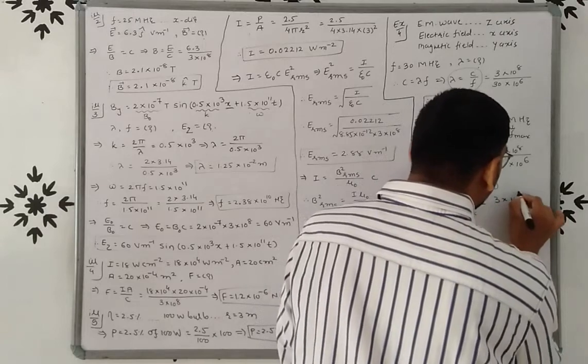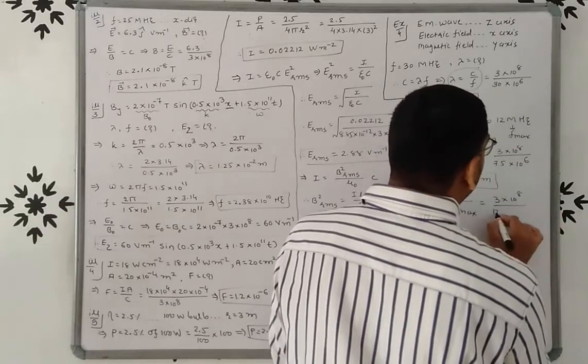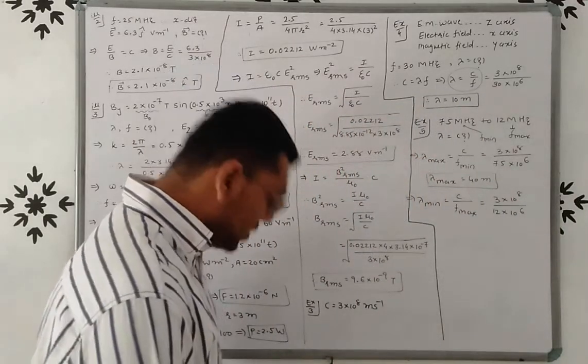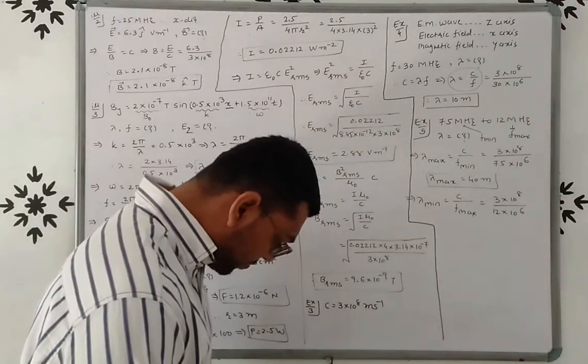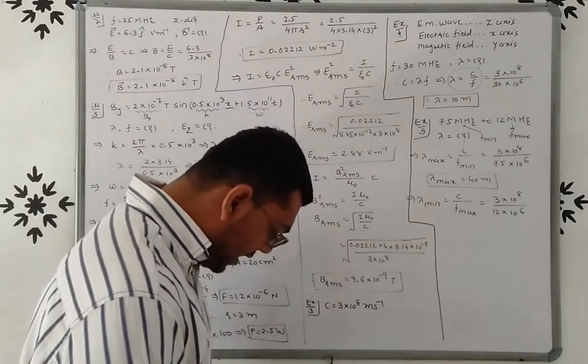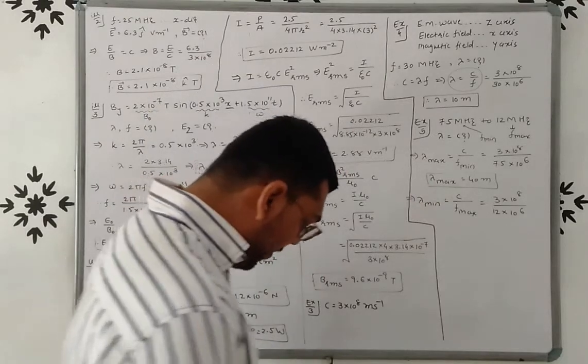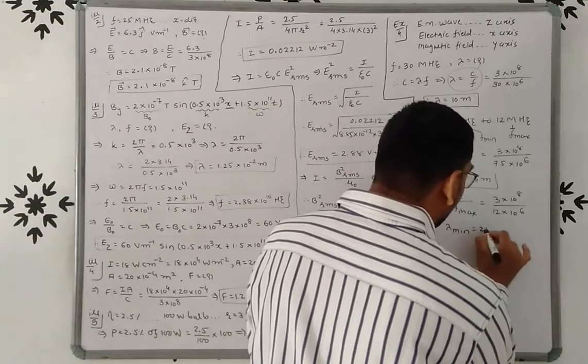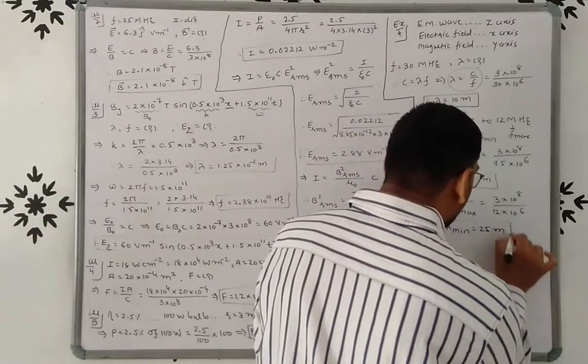So 3 into 10 raised to 8, maximum frequency 12 megahertz, so 12 into 10 raised to 6, right? So we get 25 meter, right? So lambda minimum that is equals to 25 meter.